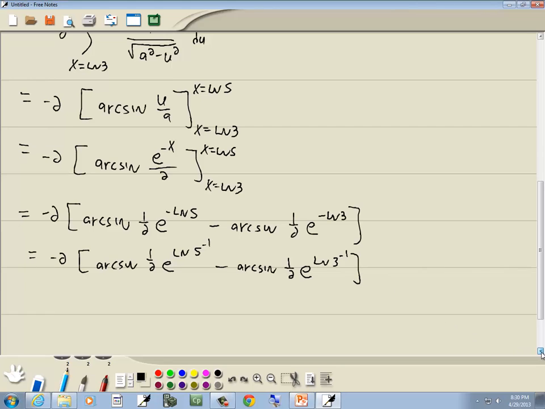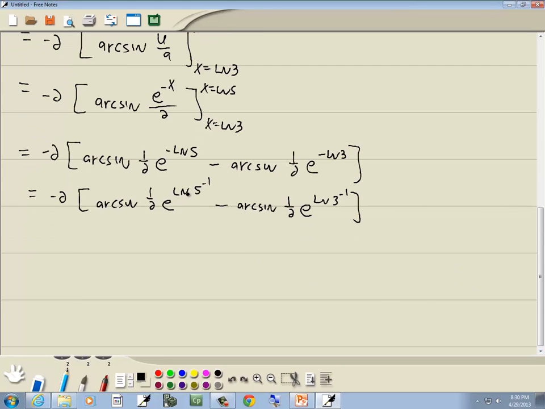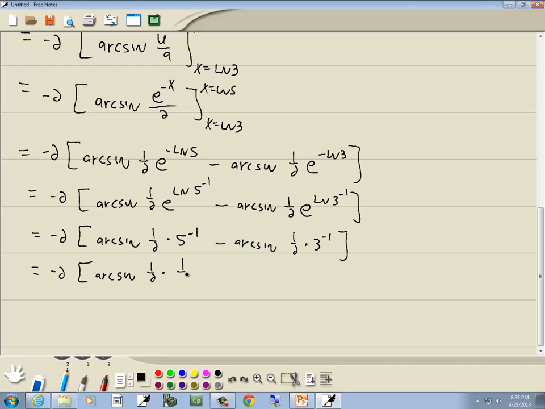Now, if you remember from college algebra, if you have e to the natural log, they're going to cancel each other out. So we're going to have negative 2 arc sine of 1/2 times 5 to the negative 1 minus arc sine of 1/2 times 3 to the negative 1. Well, 5 to the negative 1 is 1/5.